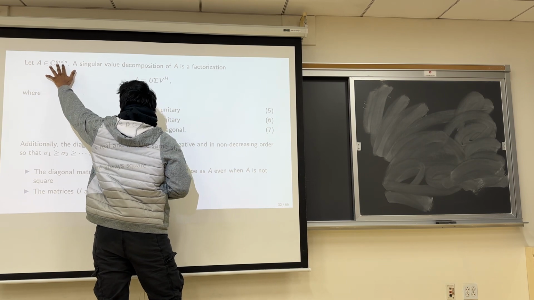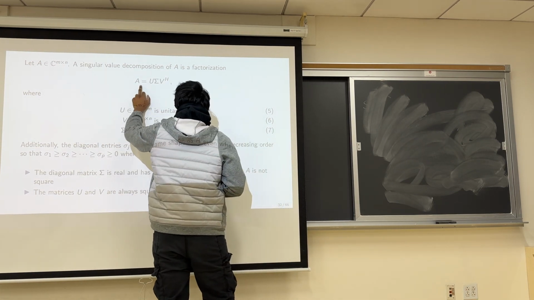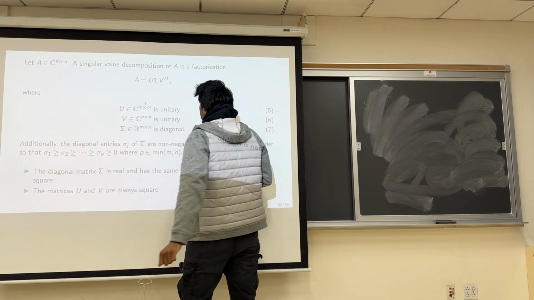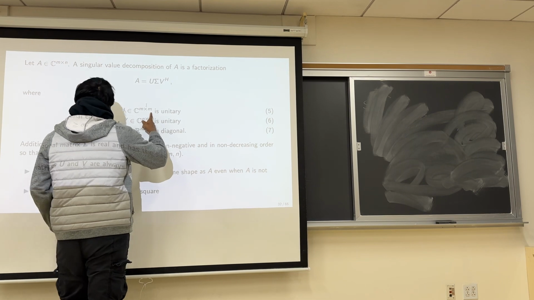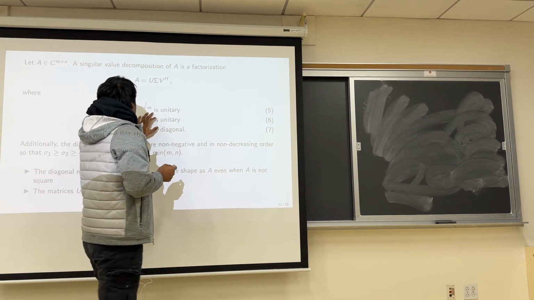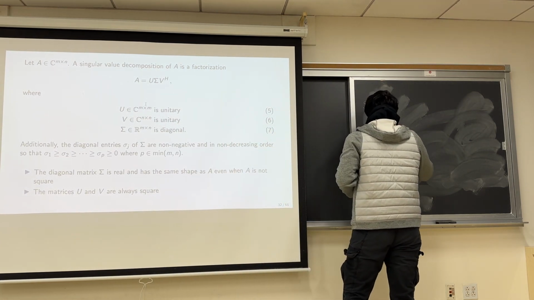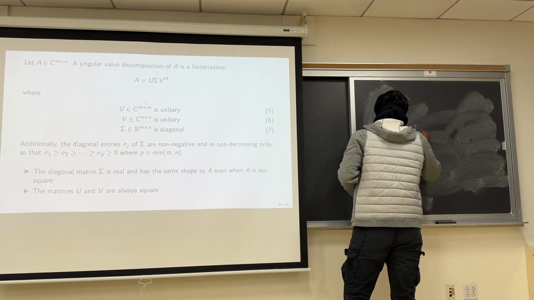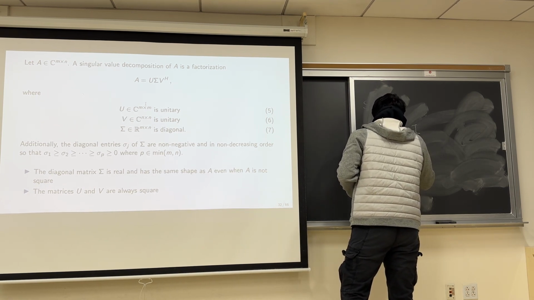a general matrix of m cross n. A singular value decomposition of A is a factorization of this form: A is U sigma V Hermitian, where U is an m cross m unitary matrix. A unitary matrix means U Hermitian U is identity, and U U Hermitian is identity.